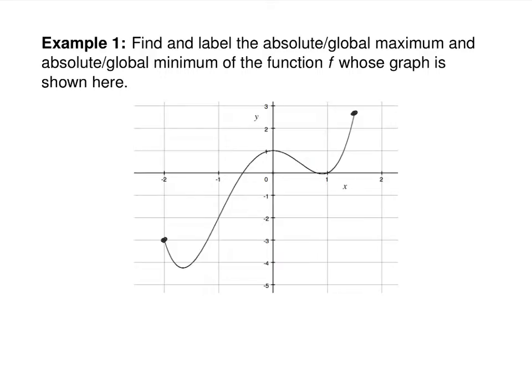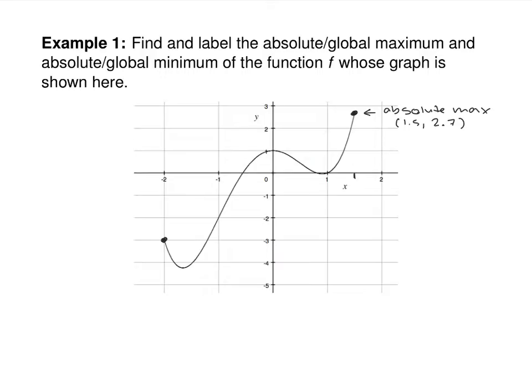Which point is the highest? That point there, this point on the far right, that would be the absolute max. You technically should give an ordered pair. So it's like 1.5-ish, comma, 2.7 or something like that. It's imperfect because I drew the picture.